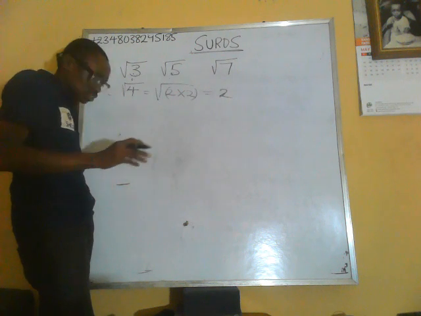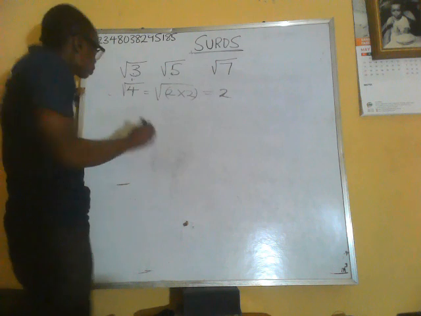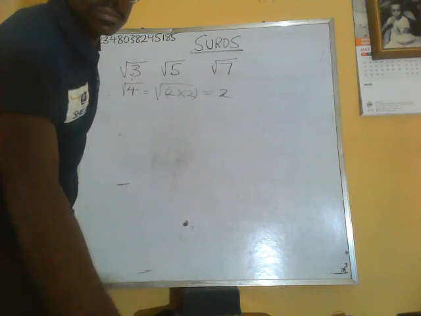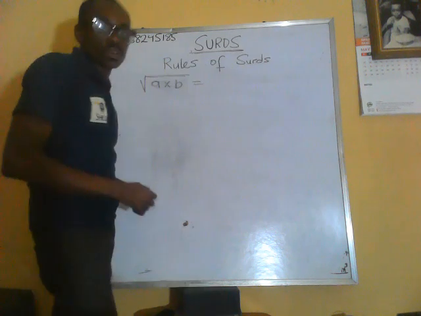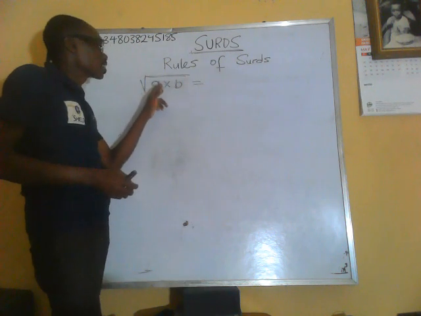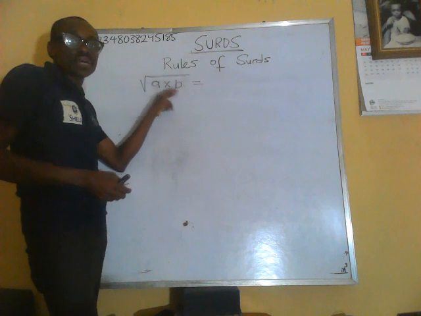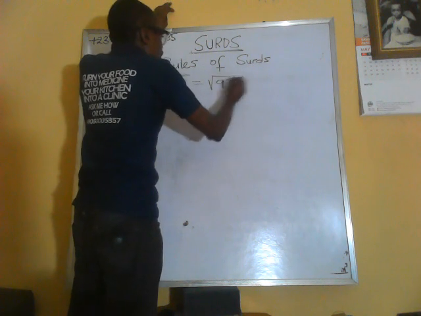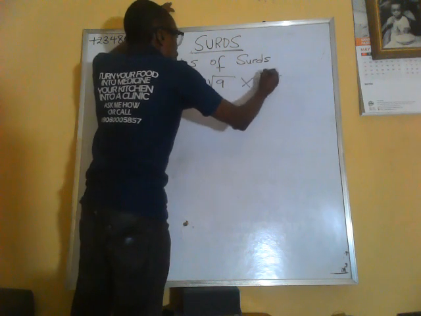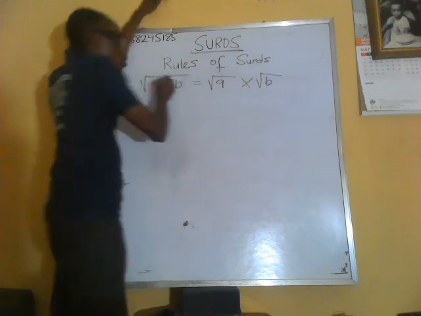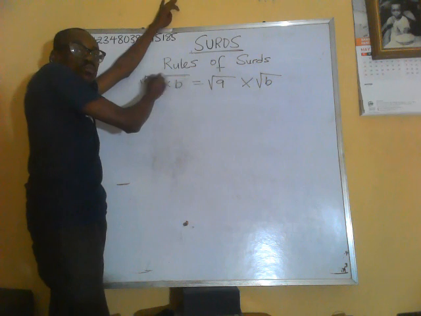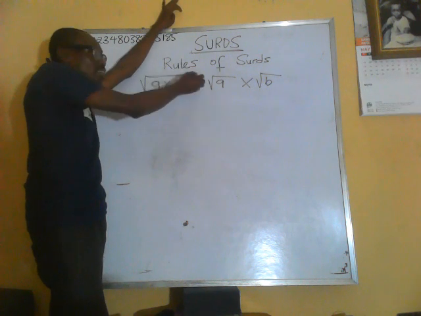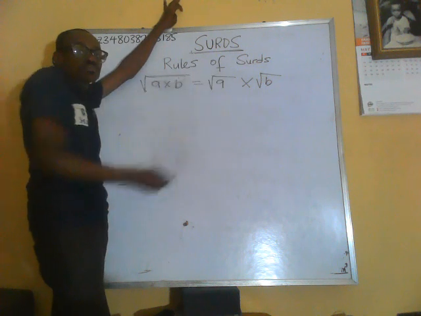The first rule of surds is that root of a times b is equal to root a times root b. When you have two or more numbers under a root sign, you can separate them in this form.